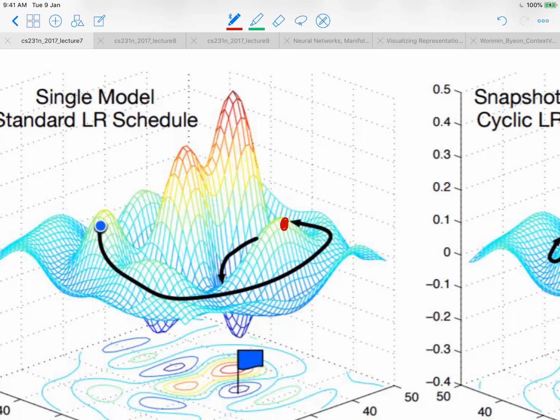We don't have enough force to escape out of that point, right? And so if our loss function plateaus, sometimes we decrease the learning rate to go to a really fine point.